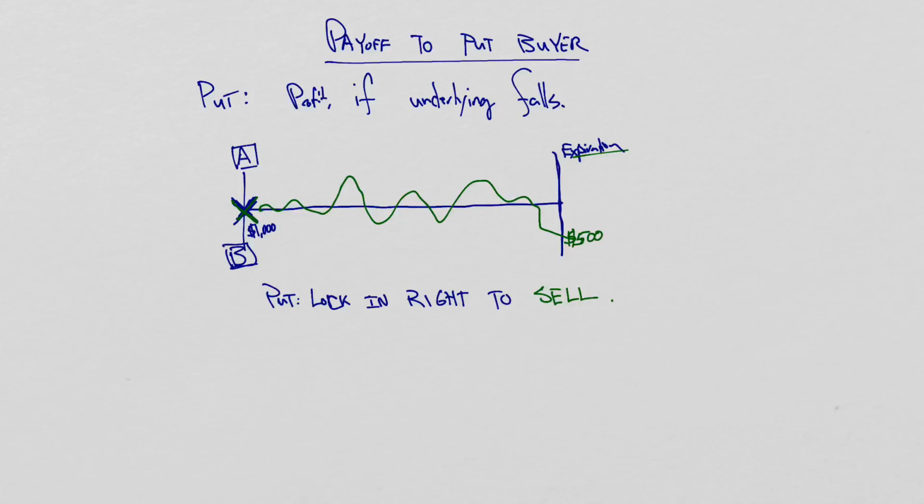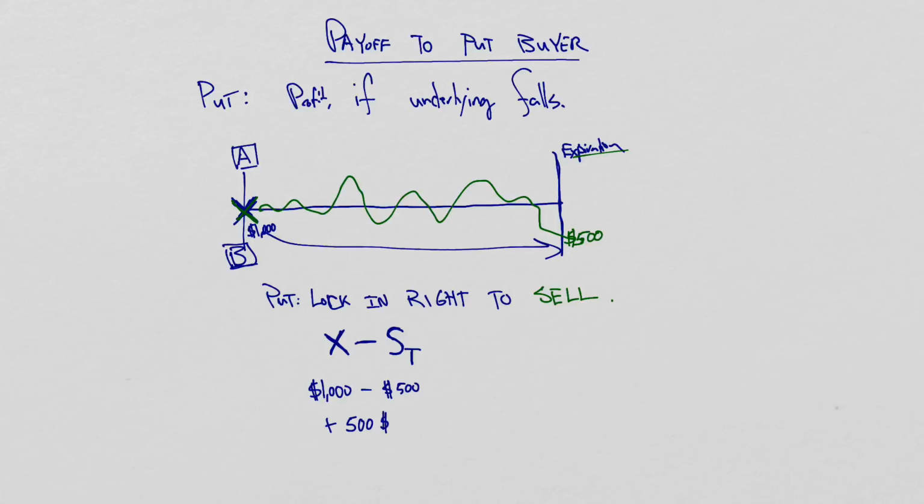We can calculate the profit for B as the buyer of this put option as being the difference between what they locked in the right to sell it at minus the value of the underlying at the time of expiration. So they got a right to sell it for $1,000, and ultimately it went to 500. So B, the buyer of this put option here, their profit is $500.